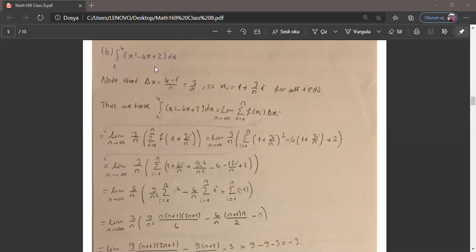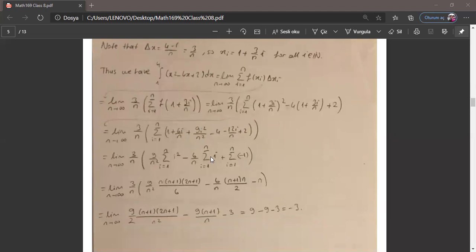We use the definition of the function again to get this value. So clearly we plug x equals 1 plus 3i over n here. Okay, we get this and make some computations and get this sum.